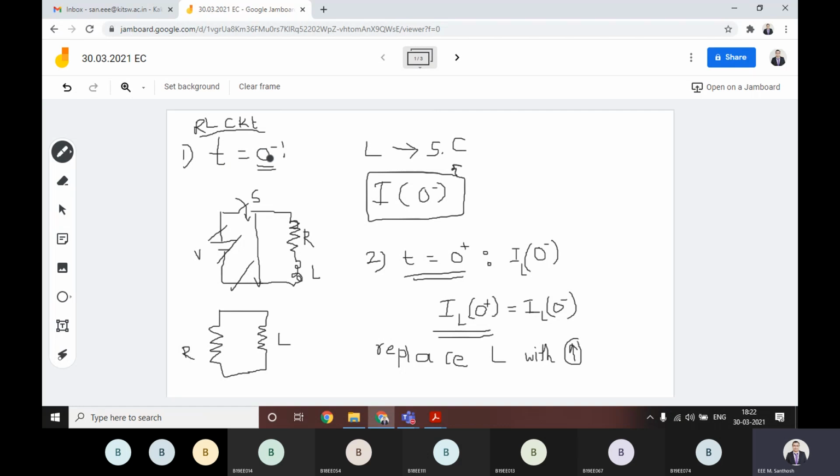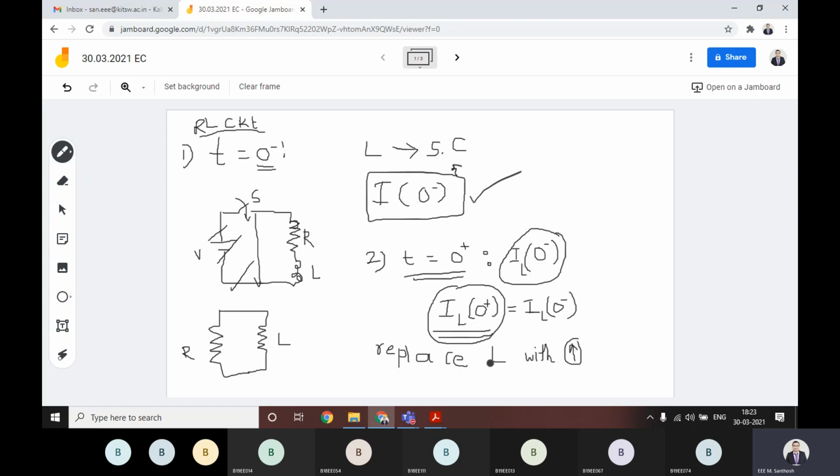First, at t equals 0 minus, the inductor you have to get short circuited, then you have to find the current value. Okay, then t equals 0 plus, you have to find the current, right? That current is basically equal to this value. Why?